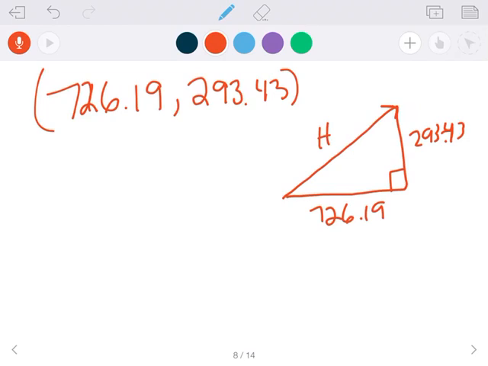So let's do that. 293 squared is 86,101. 726.19 squared is equal to 527,351.